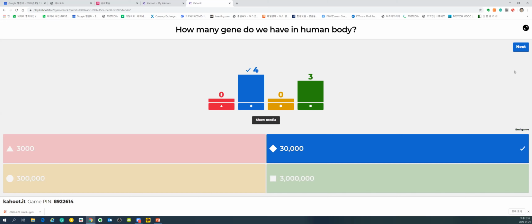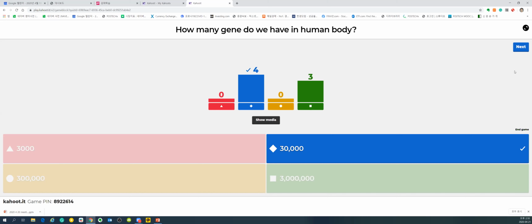But the basic sequence of the protein, or basic sequence of mRNA, or basic sequence of a gene, after we finished the genome sequence of the human, we found that it's between 20,000 to 30,000. It's a surprisingly small number compared to what we expected.